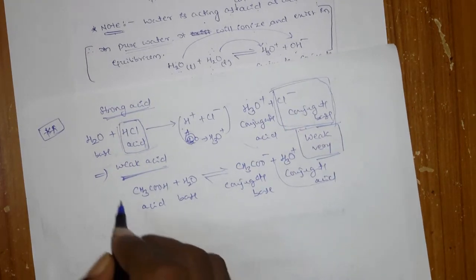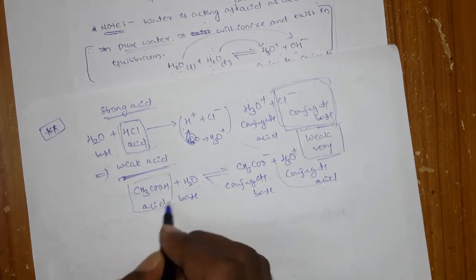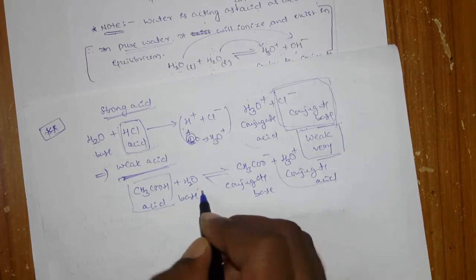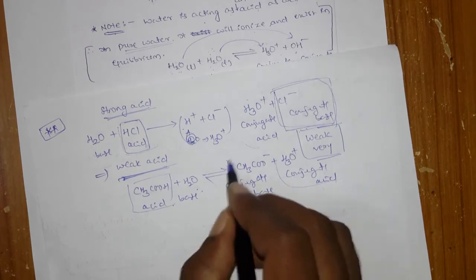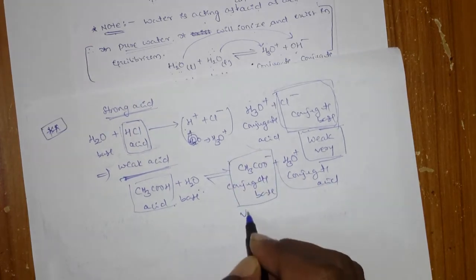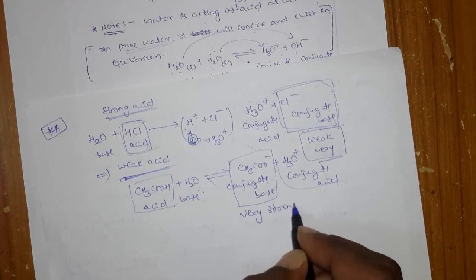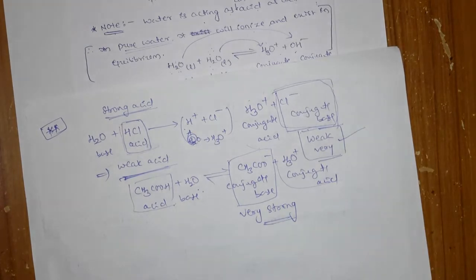Okay, now come to weak acids. If the acid is very weak, on dissociation in water it forms a conjugate base, and this conjugate base is a very strong base.